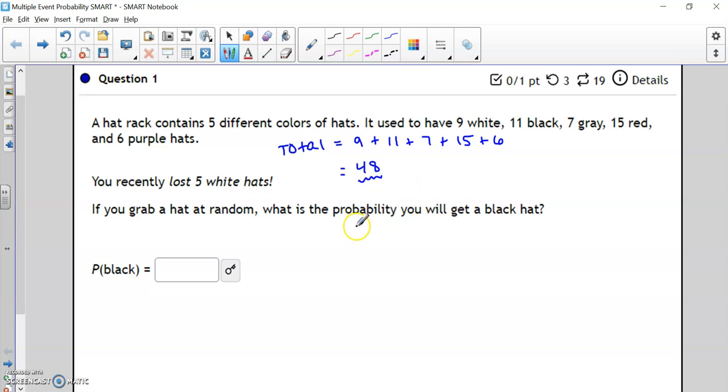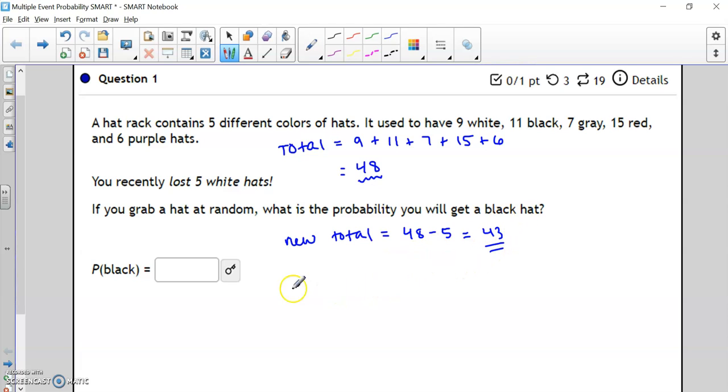All right. So now that I know my total hat amount, this gives me a good starting point. So now let's take into consideration the fact that we lost 5 hats. Before we grab a hat at random, we lost 5. So a new total is going to be 5 less than our original. Right? So now we have a total of 43 hats.